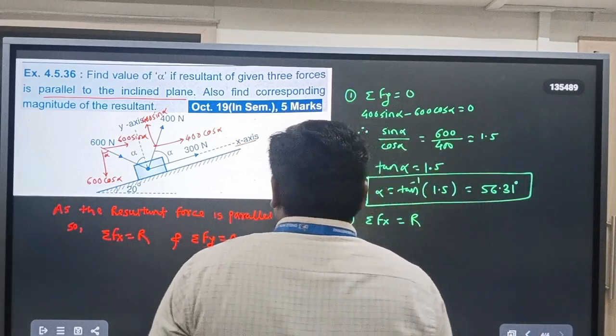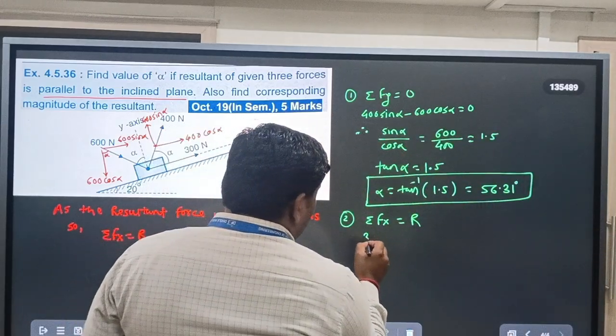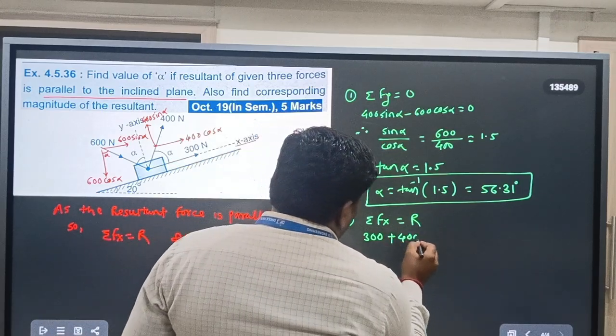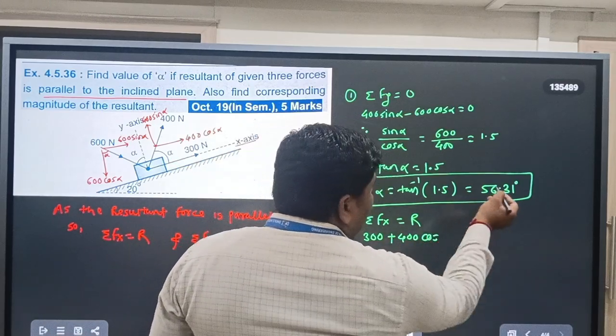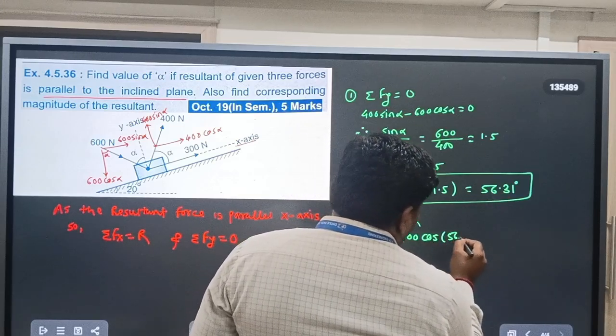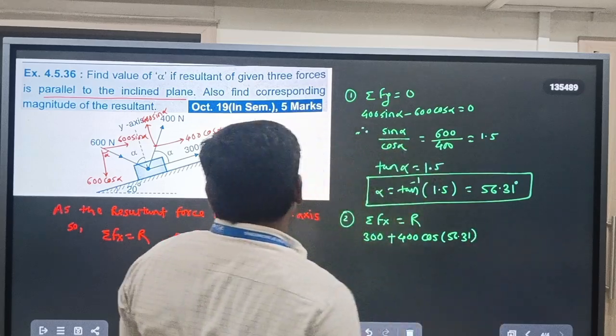So first 300 plus 400 cos alpha. The value of alpha is 56.31.